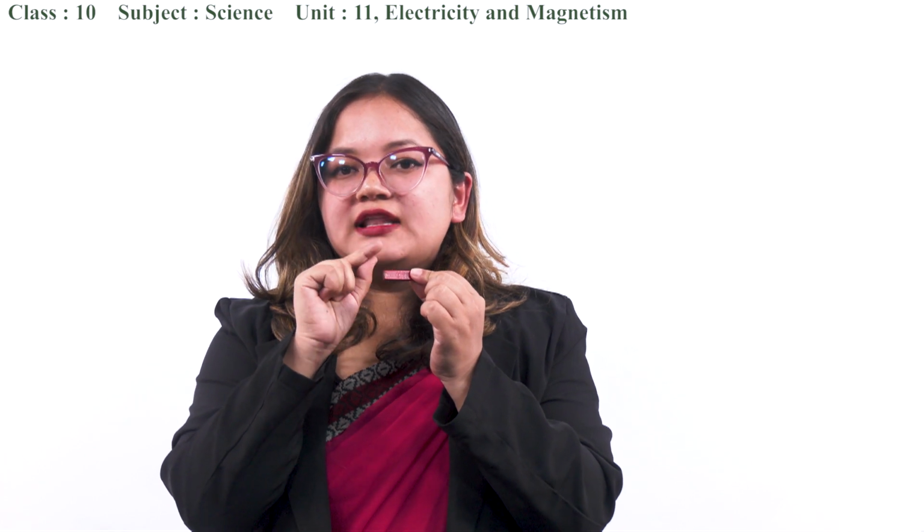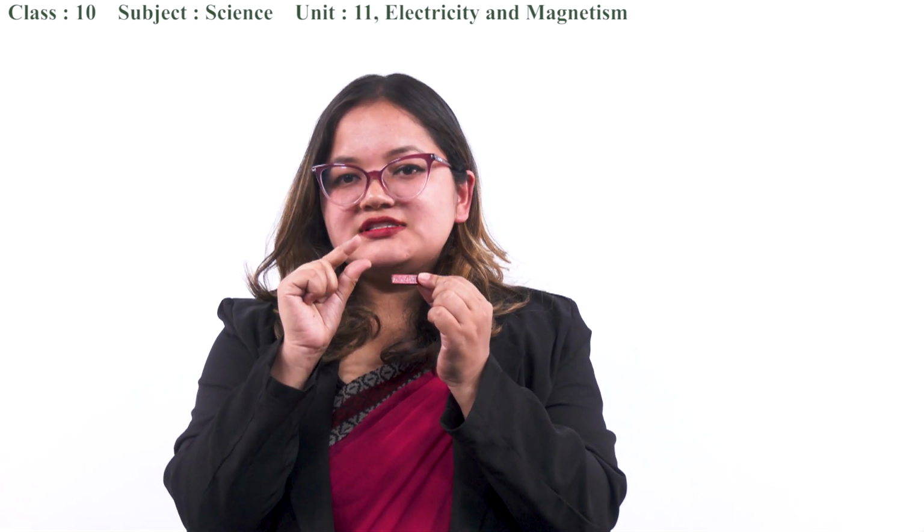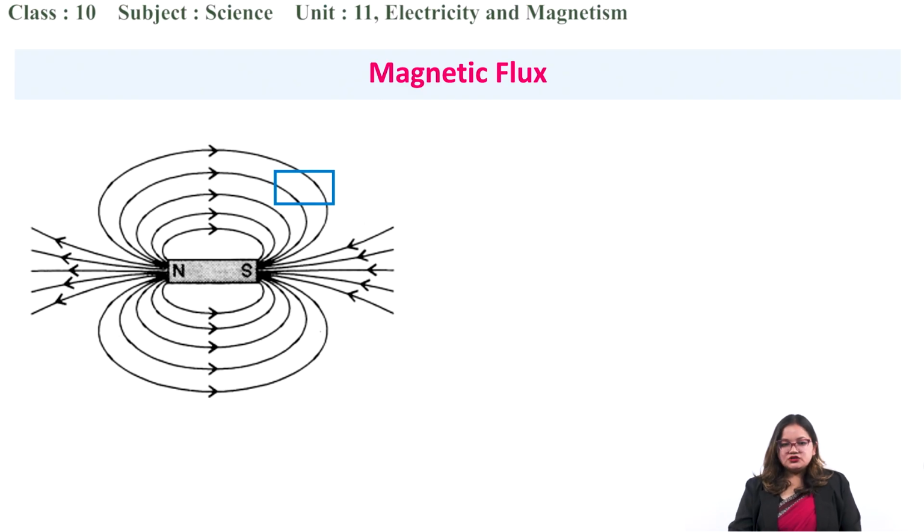But if the lines are few, it means the magnetic field strength is less. Let me show you. This is a sample of one simple object which we have placed in this magnetic field. You can see only two magnetic field lines have entered this object. So that is the measure of magnetic flux.